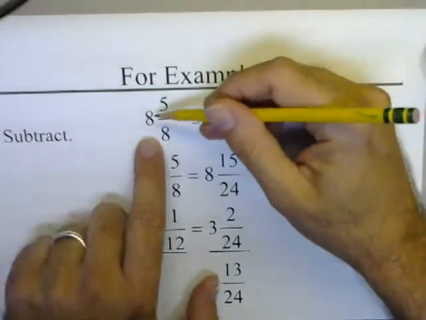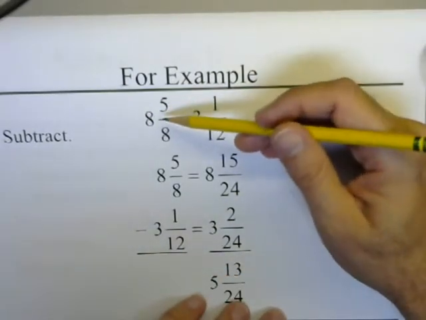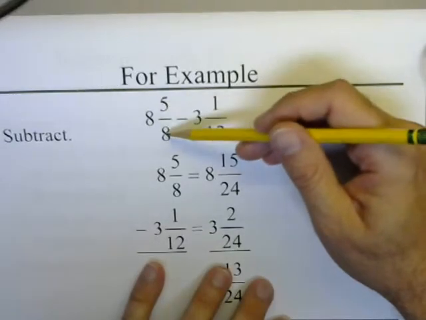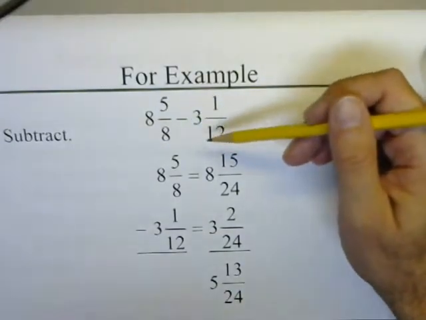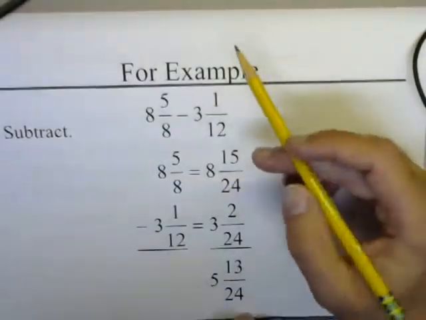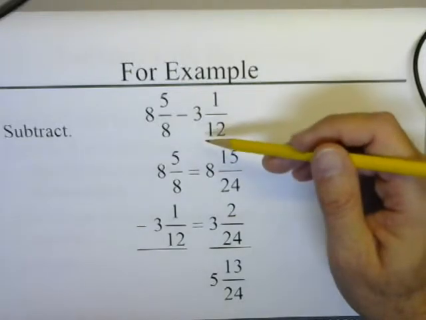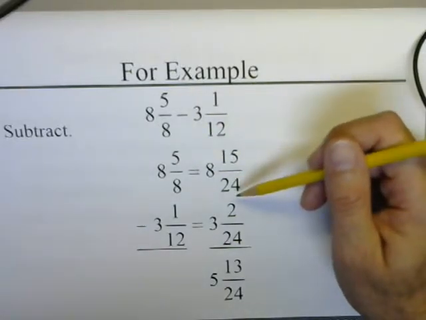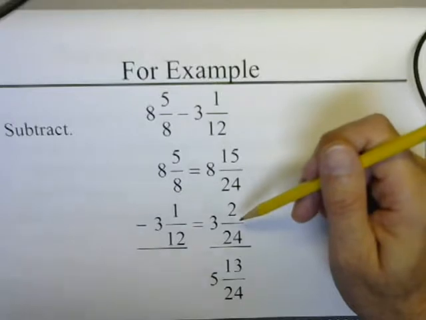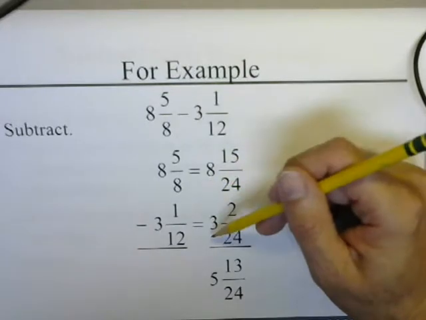So in this case, you would go ahead and convert here. If you had 8 and 5/8 and 3 and 1/12, and you wanted to subtract them, then you'd have 8 and 15/24 and 3 and 2/24. So subtract the whole number part, which would be 5.